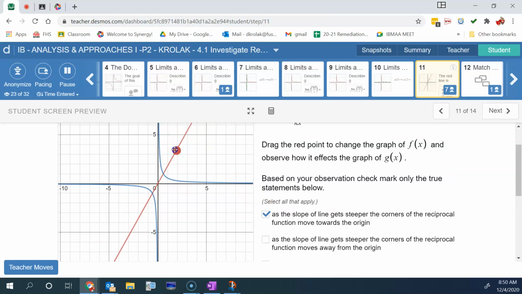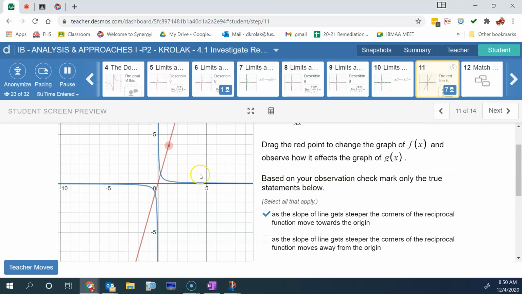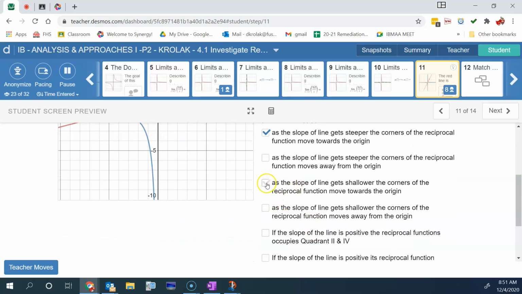No, that's not true. They move towards the origin, so that one's false. As the slope of the line gets shallower, the corners move towards the origin. As I make this shallower, no, that's not true. It moves away from the origin, so that's false. As the slope of the line gets shallower, the corners of the reciprocal function move away from the origin. True.